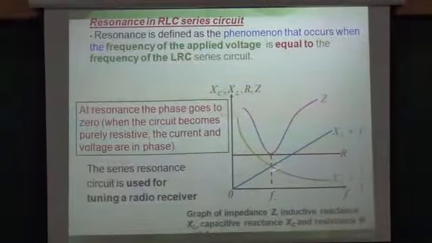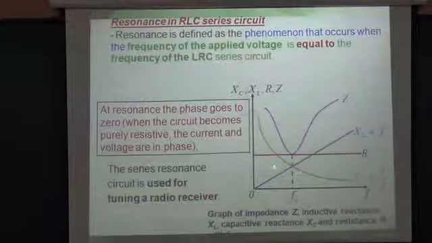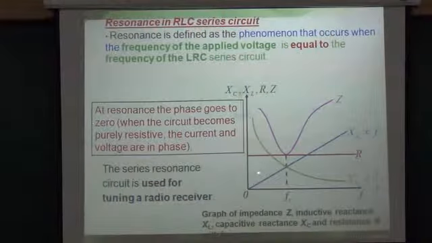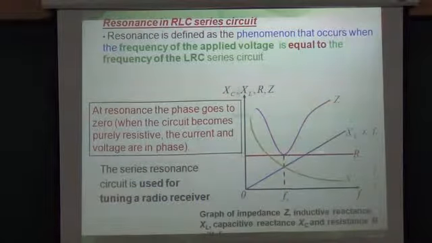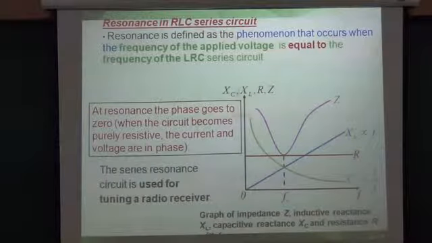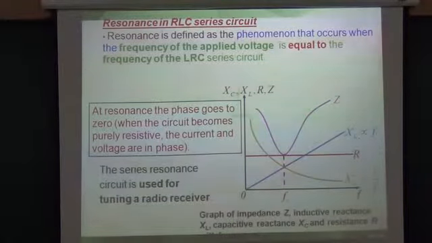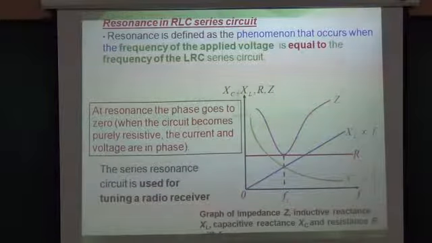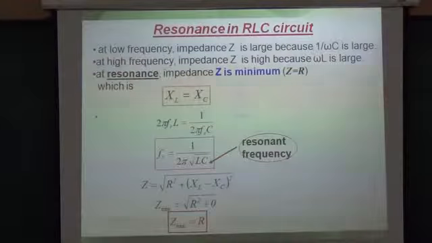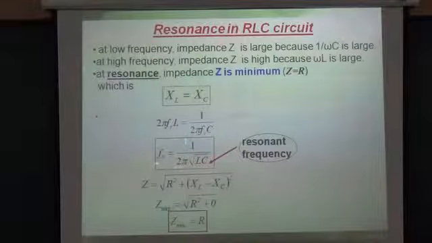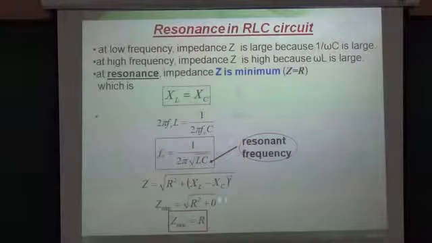So here my XL and XC at a particular frequency will cancel each other, and at that point Z is nothing but R. If I have a non-ideal coil, then it will be R plus RL; that resistance also will come into it. So Z is minimum. We equate them, and hence the resonance frequency is 1/2 pi under root LC. So the Z minimum is R.